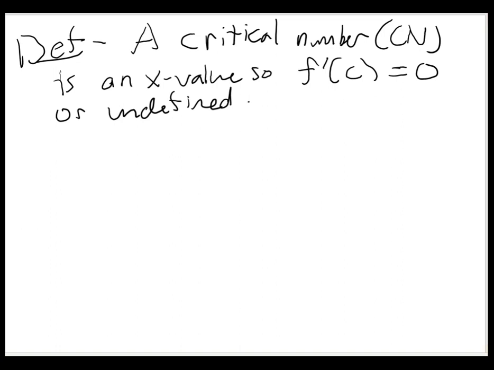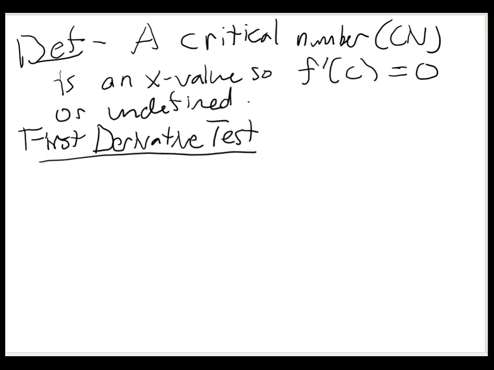And this leads to what's called the first derivative test. What the first derivative test says is, well, remember, derivative is the slope of the tangent line. And so if something has positive slope, we would say it's increasing.